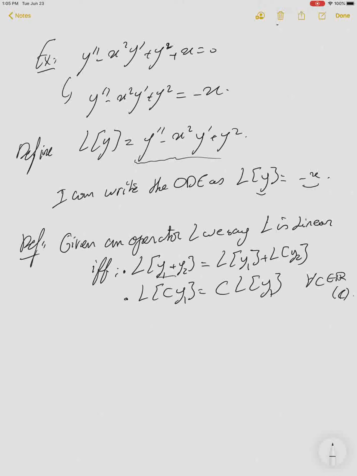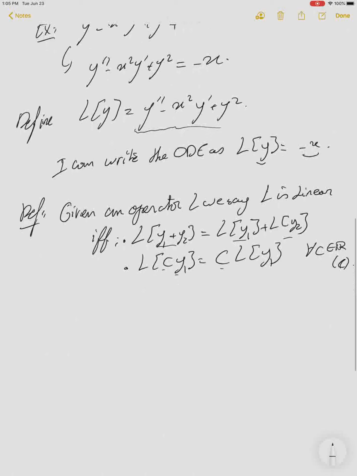So this means the image of the sum is equal to the sum of the images, and if I multiply the function by a constant, it's like multiplying the image by a constant.